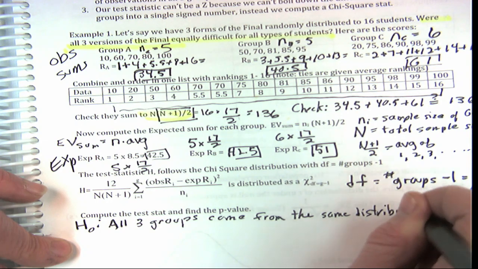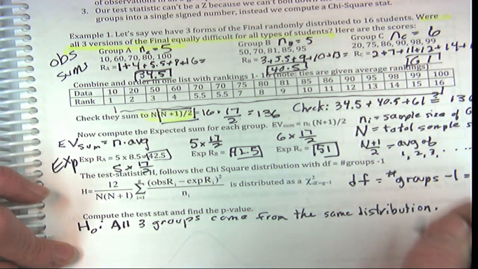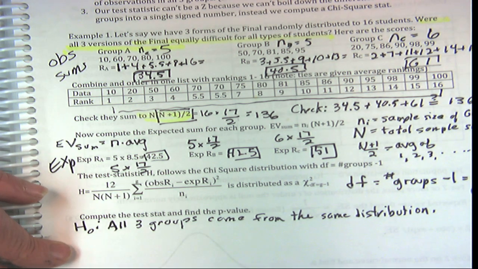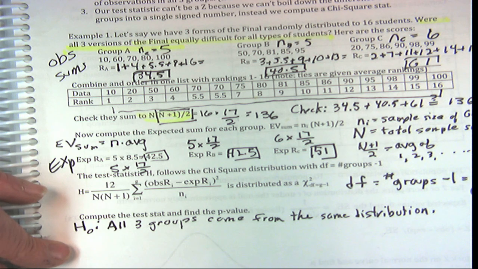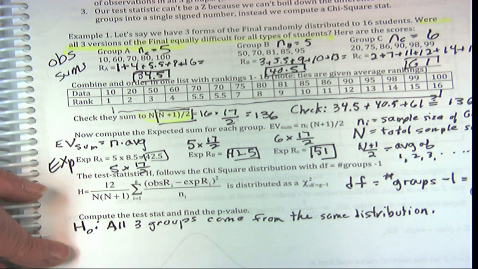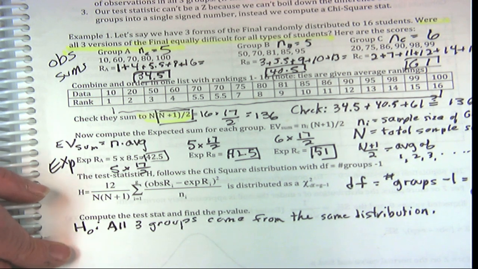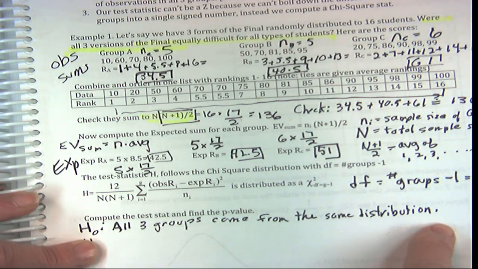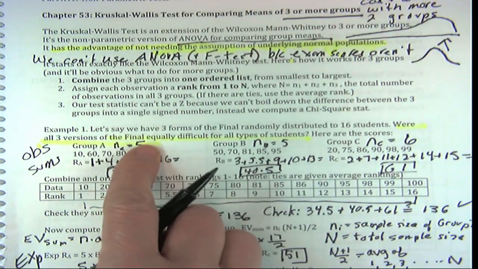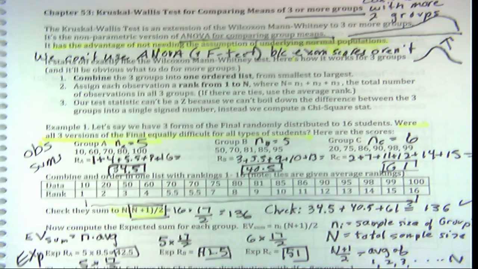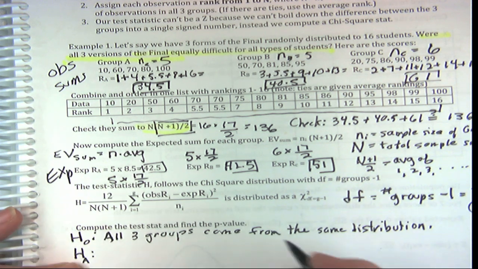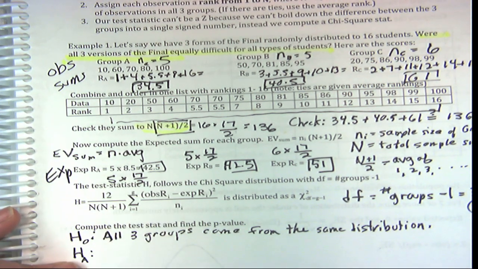We don't need to know that distribution, but that's what we're testing. And as we saw last time, this test can detect differences in the distributions even when they have the same means, which makes it really great for what we're doing here. Okay, and now the alternative, in colloquial terms, is no, the versions of the final are not all equally difficult for all types of students.